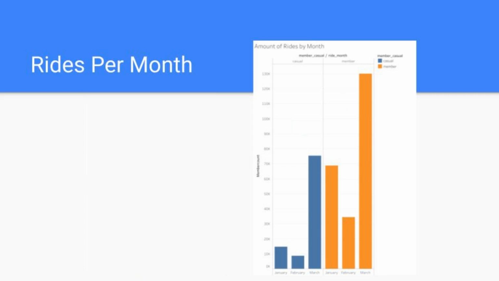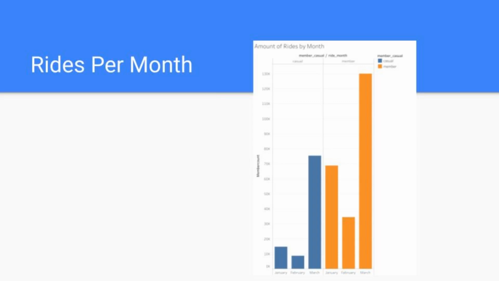Next, we're going to be looking at the amount of rides per month for both casual riders and members. As we can see on the graph, yet again, on the left-hand side in blue we have casual riders, and on the right-hand side in orange we have members.